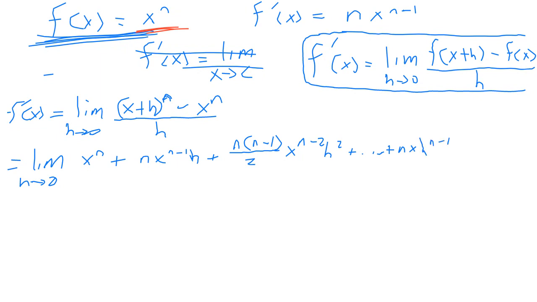I skip some terms, plus the final term, which is h to the n, minus x to the n. So all this that we just wrote a while ago is x plus h to the n. At the end now we have minus x to the n, based on this x to the n right here. That's what I just put in at the end. And that is all over h.